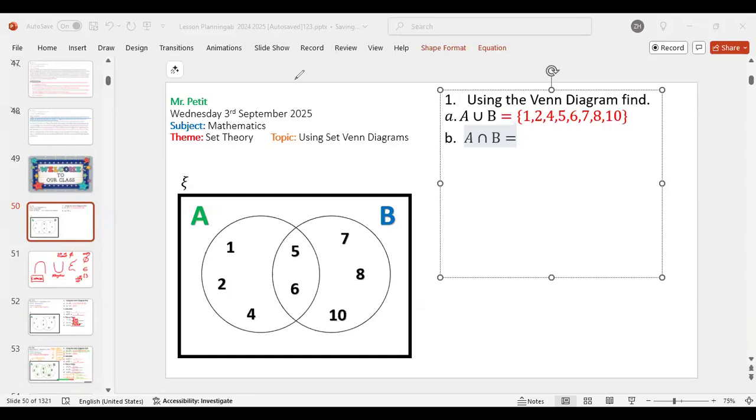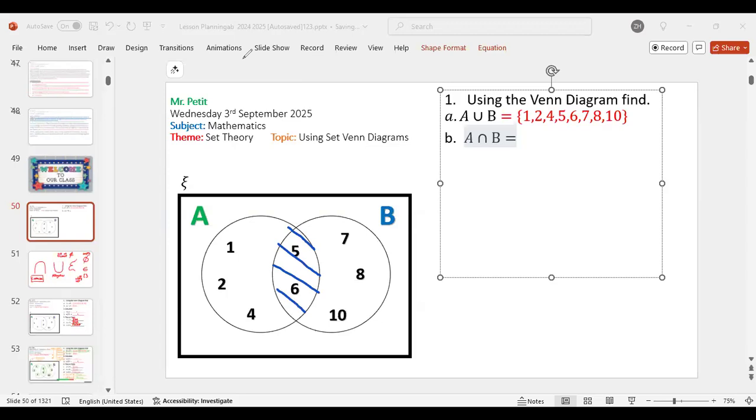Where they have elements that are in common. Good. Or you could say the middle portion. So the middle portion right here, that's the intersection. Class, do you all understand that? The middle portion is the intersection.